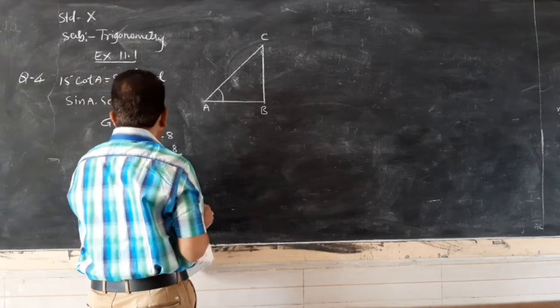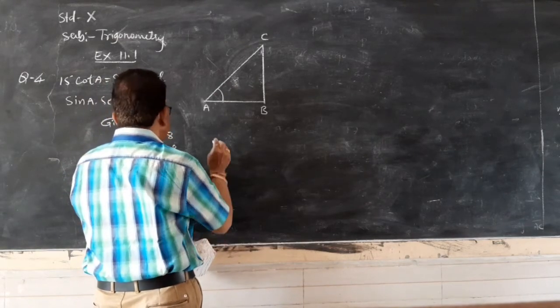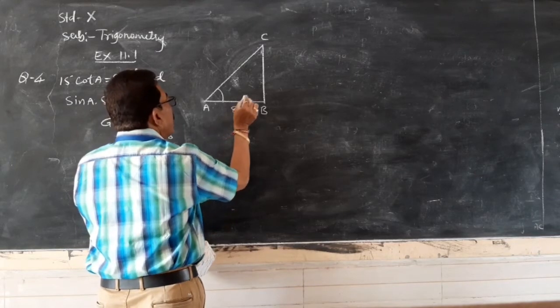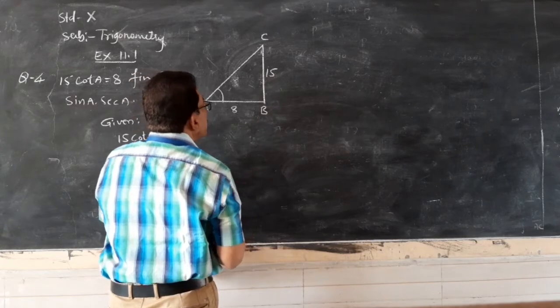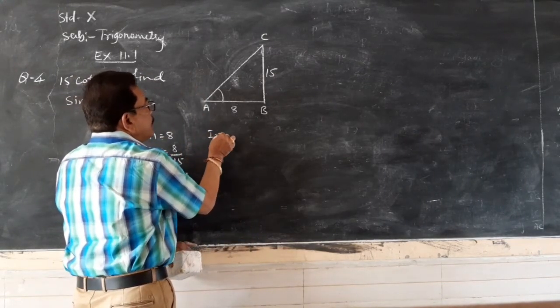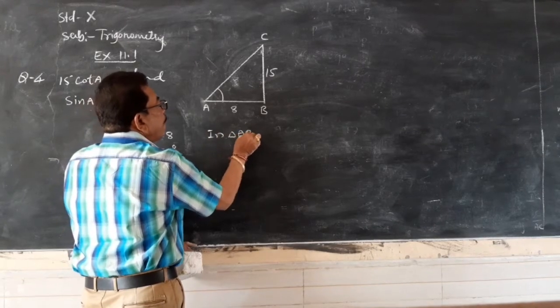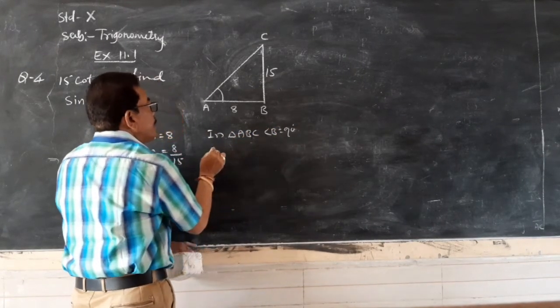Cot A is adjacent side divided by opposite side. Adjacent side 8, opposite side 15. So in triangle ABC, angle B equals 90 degrees.